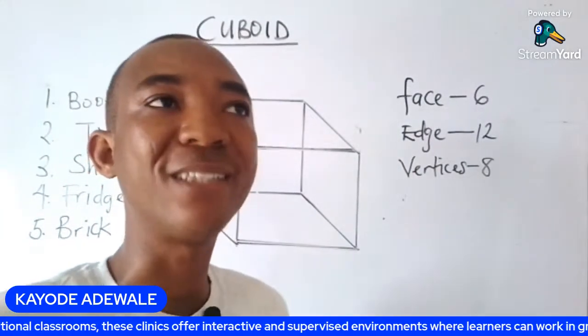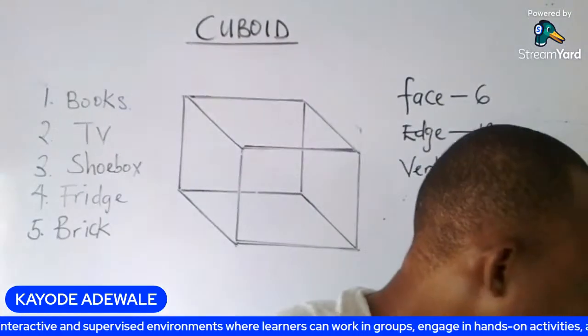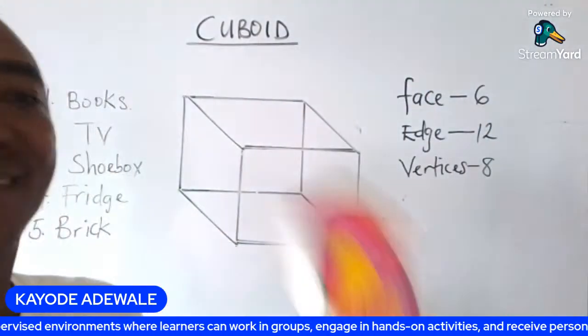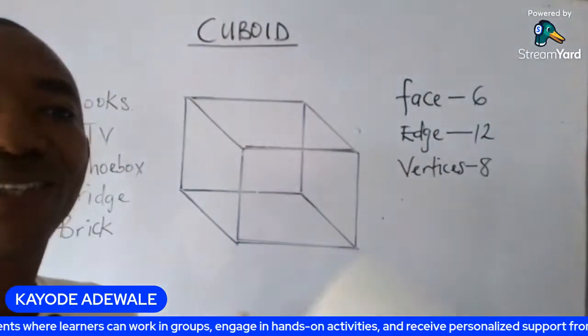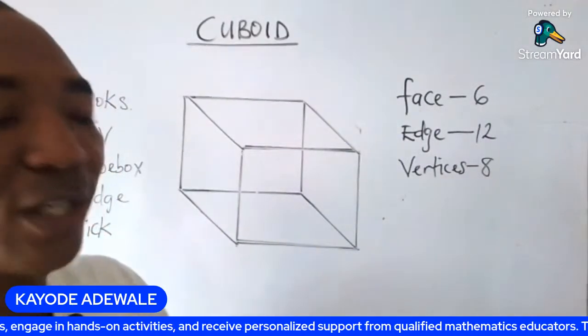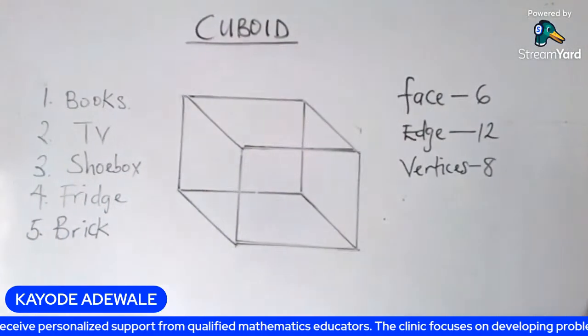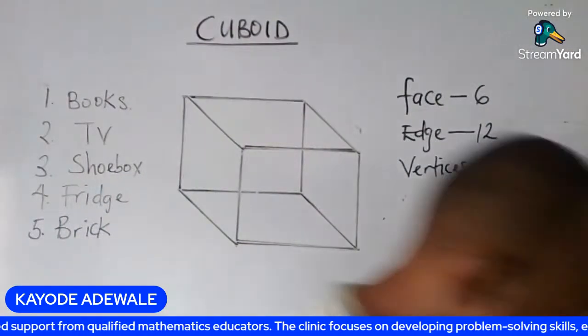If you see one around, it looks like a cuboid. What about your phones? The phone box, when you remove the phone and close the box back, is cuboid. So those are the objects at home that look like cuboid.